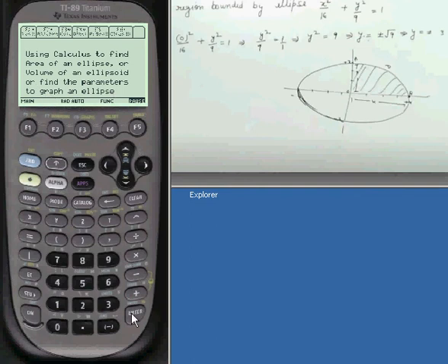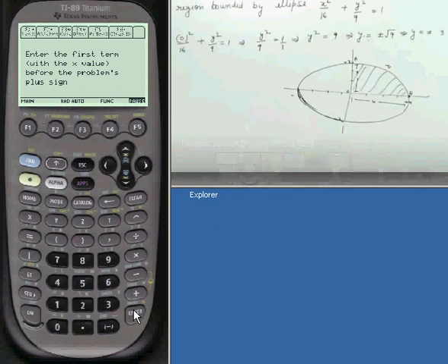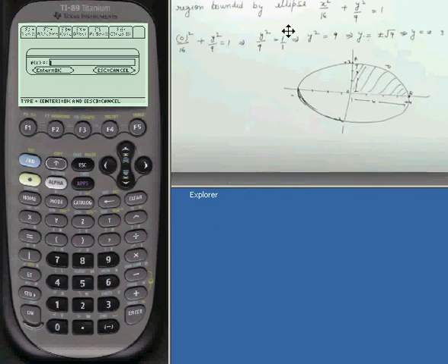So in this case we're going to find the area. We choose that. I'm going to enter the first term here, x squared over 16. The reason I do that is because if I put it all in one equation, the calculator will find the common denominator, etc., and screw up the system for finding ellipses.